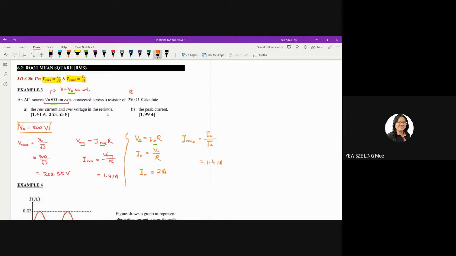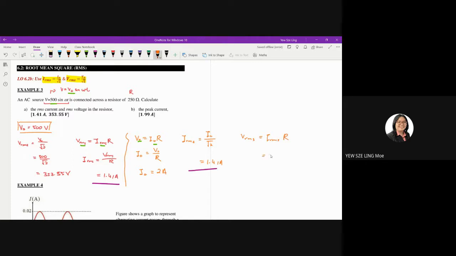It is up to you whether you want to use the first method or the second method. Both are correct in your exam, so it doesn't matter which one you use. You can even calculate IRMS first and then apply VRMS equals IRMS times R to calculate VRMS.